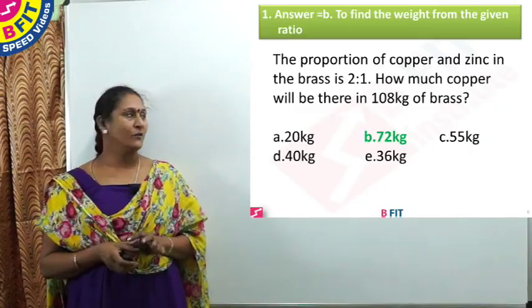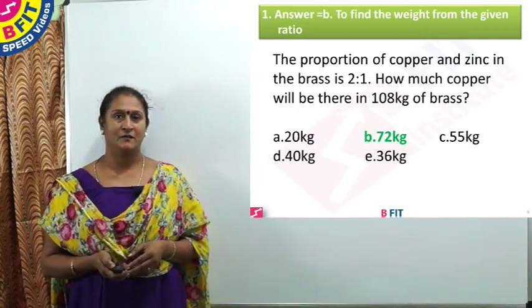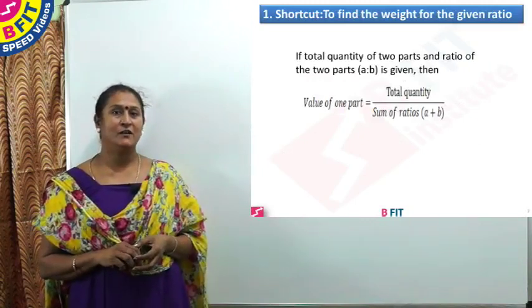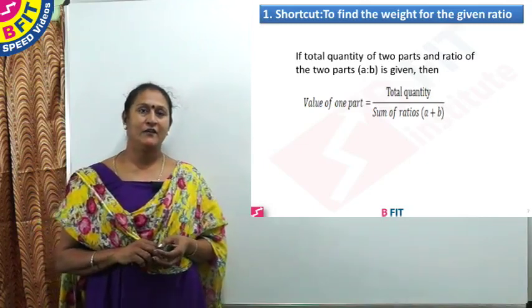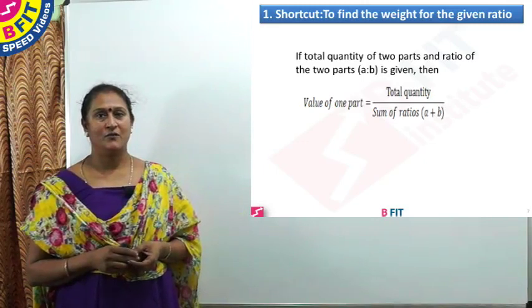The answer for question number 1 is option B, 72 kilograms. The shortcut here is, whenever the total quantity and the ratio are given, to find the value of one part, divide the total quantity by the sum of ratios.